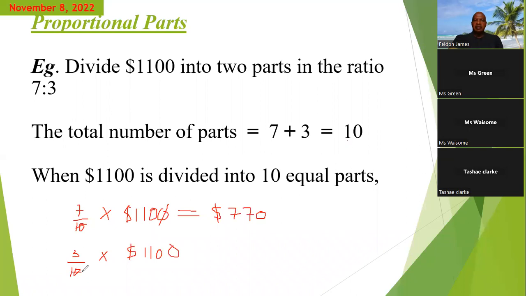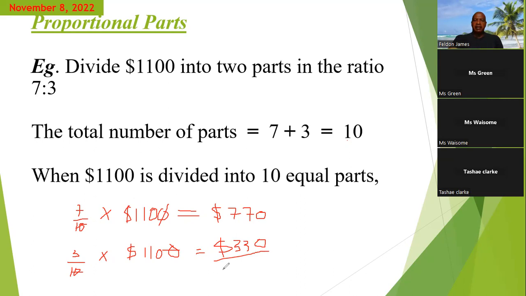Cancel 0 with a 0, multiply what remains in the numerator, and that would give us 330, which is just the same answer we got before.